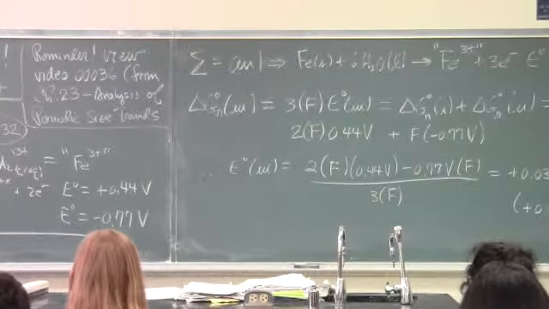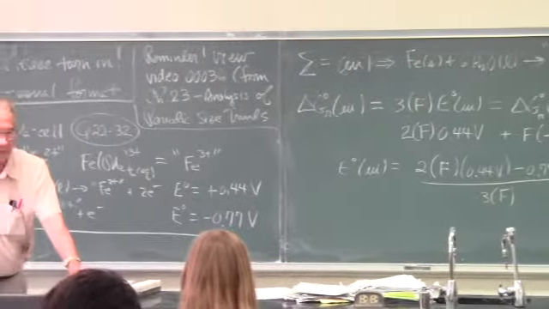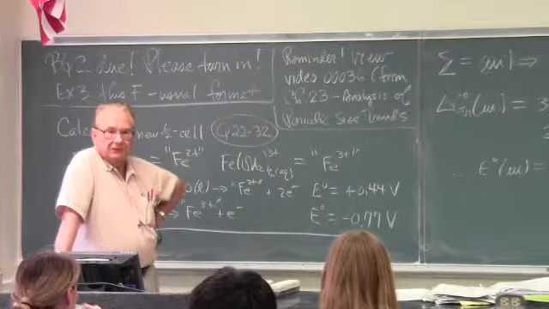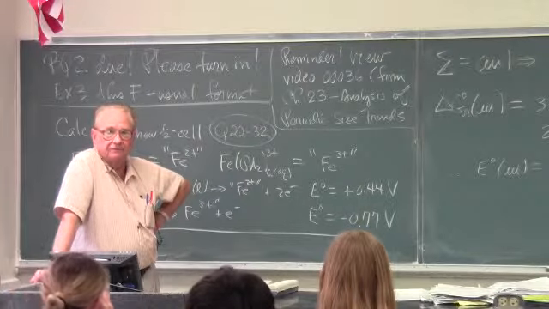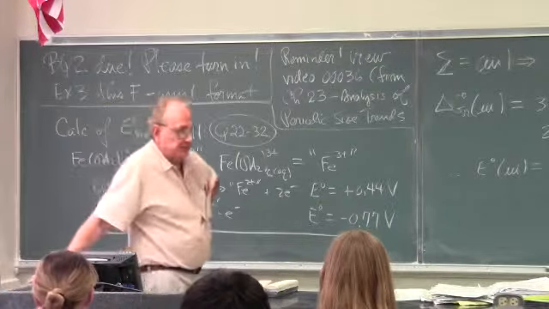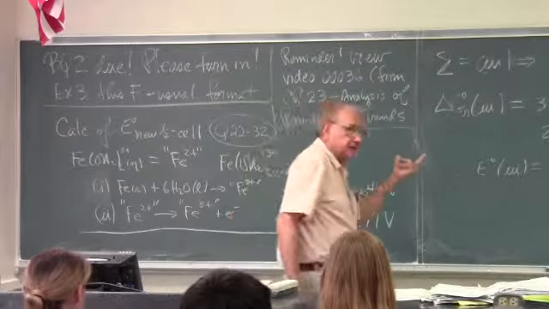iron being oxidized in the presence of water to hydrated iron plus 2, put together with hydrated iron plus 2 being oxidized to hydrated iron plus 3. Those two half cells appear in the table.